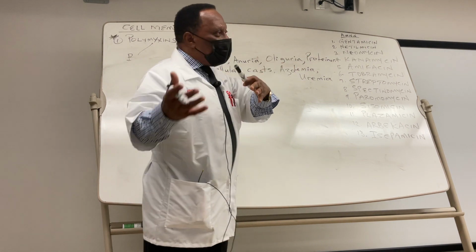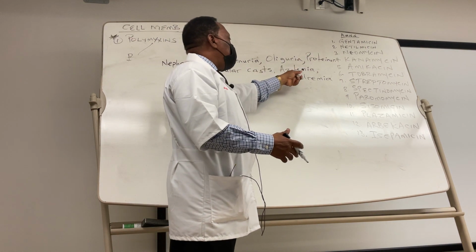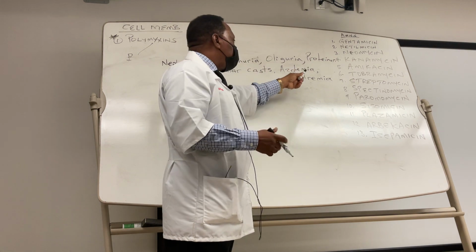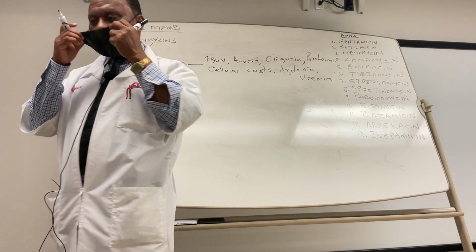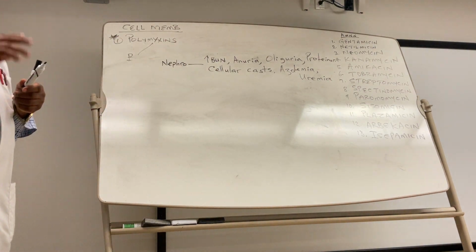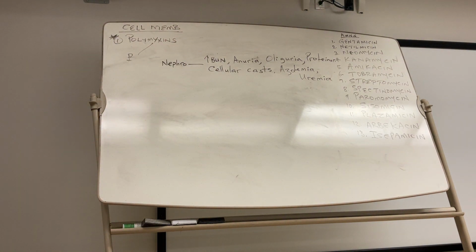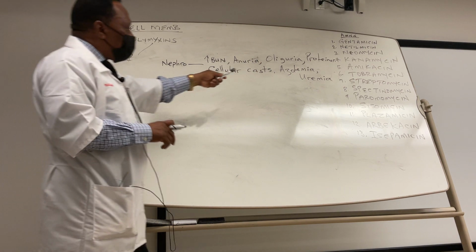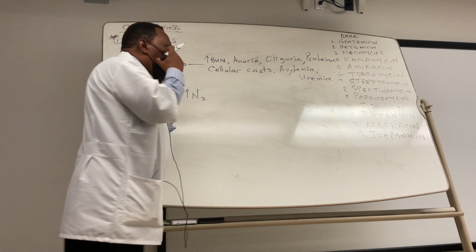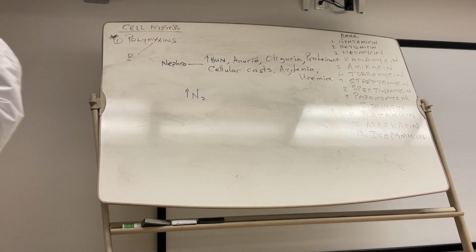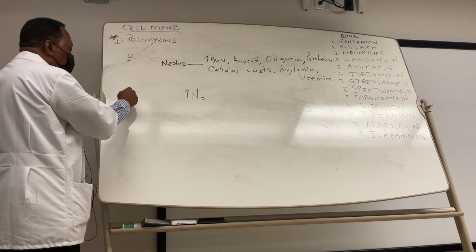People make an error; they're confused about azotemia versus uremia. Okay. There's a major difference between those two situations. Azotemia just means you have an elevation of nitrogen in the bloodstream. So it can come from your ammonia, for instance.